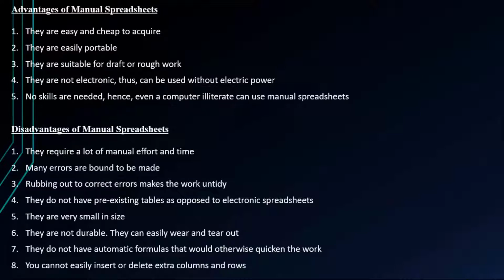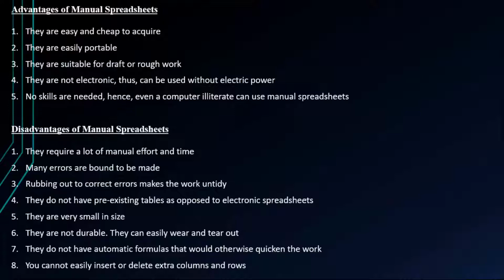Now, as you know, we are human beings. We are bound to make errors. Human beings make errors. We make mistakes. So when you compare the mistakes we make to the mistakes a computer program can make, you'll find that we humans make more mistakes than computers.